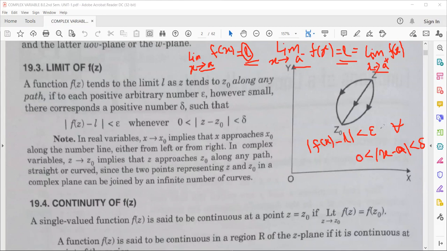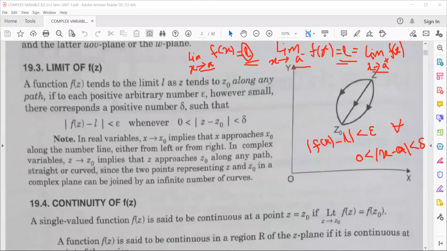This epsilon is a very, very small quantity, but it is a positive quantity. Its value is like 0.0001, like this.